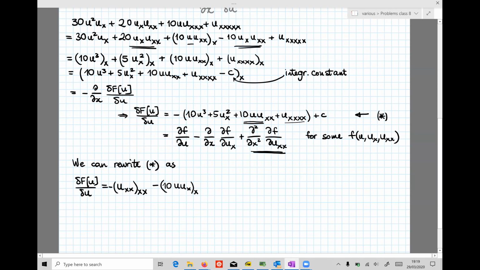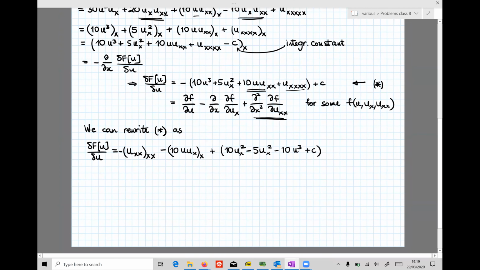But then we need to add back plus 10 ux squared. That's because when the derivative with respect to x acts on u in the expression 10u ux, we have an extra term that we need to cancel out. Okay, and then I have the missing terms here in equation star, so I need to subtract 5ux squared, 10u cubed, and add c.